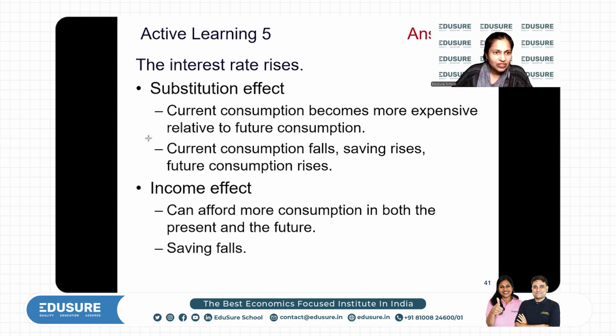So when the interest rate rises, saving becomes more attractive because you earn a much better return. For example, if today I tell you that I'll give you a 20% return on whatever money you give me, I'll give you a 20% interest rate.